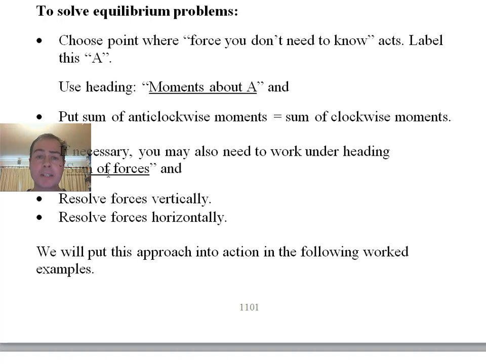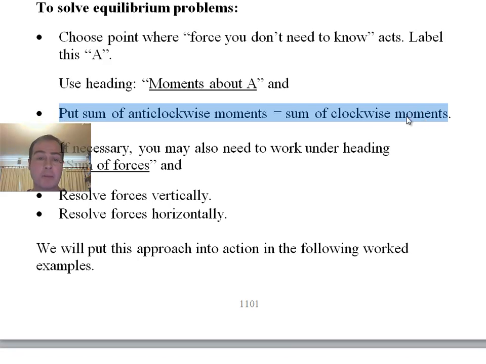So the total upwards and downwards force, as well as both the total leftwards and rightwards forces, must equal. And importantly, and this is the point here, the sum of the anti-clockwise rotational effects, or torques, sometimes referred to as moments, must add up to the total of the clockwise moments. So it's this highlighted point here that really helps us as something new when we're doing these types of questions.